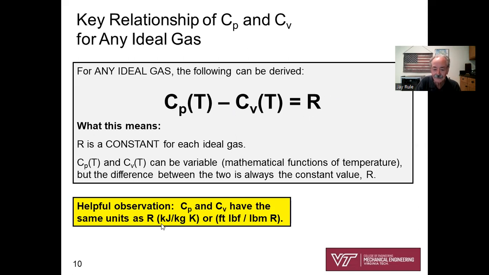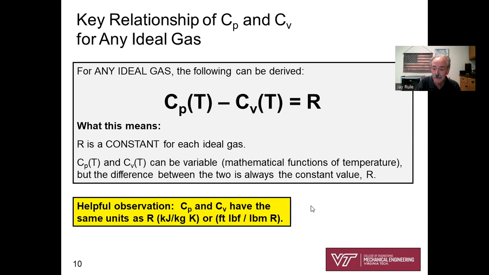Well, R in SI is kilojoules per kilogram degree K. In English, foot-pounds force per pound mass degree R. And so therefore, CP and CV have those units too. They must have consistent units with R. That's a big and important conclusion.